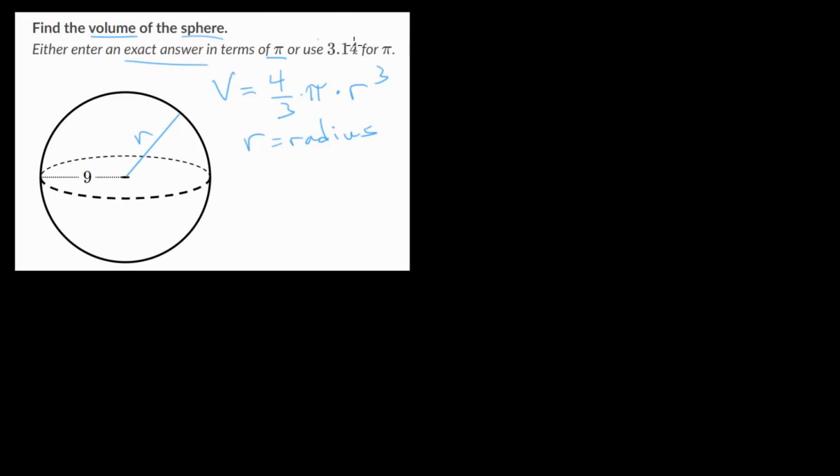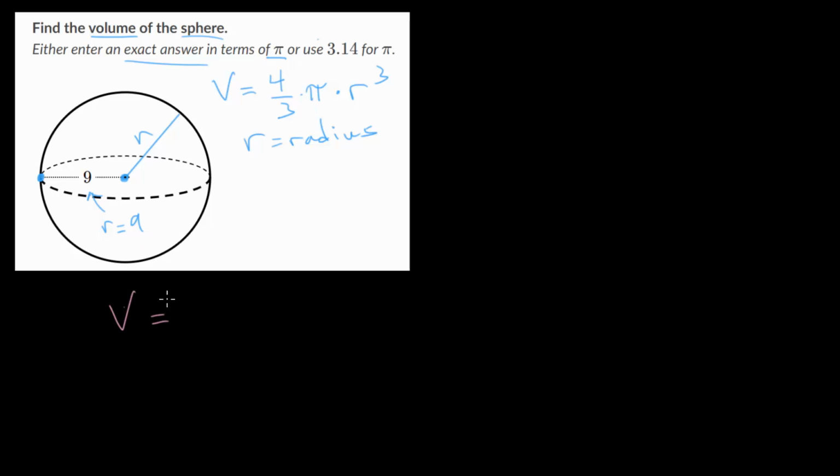But like I mentioned, if you do want to see what it roughly is as a decimal, then you can replace pi with 3.14. So the radius here, the distance from the center of the sphere to the sphere, is 9 in this case, which we can set equal to r and then plug that into this formula.